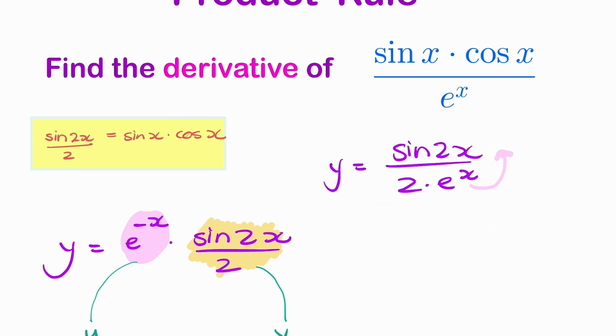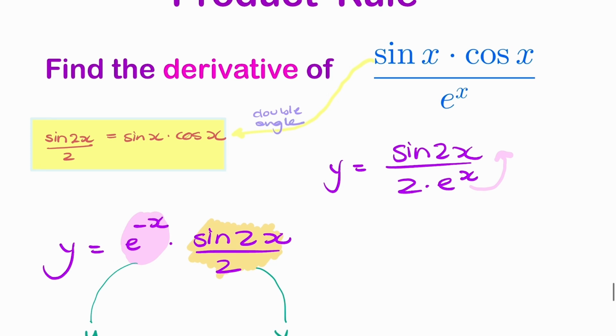Now, if you didn't realize that you can use double angle, then you could have still differentiated this by considering this itself to be a product, and then you could use the product rule. But I've used double angle, and that's probably what the question is expecting you to do.